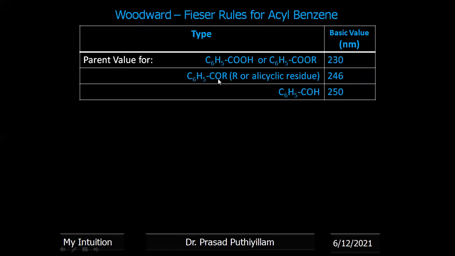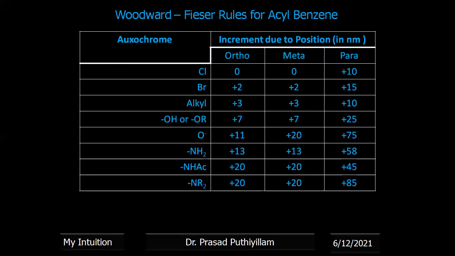So the acid or ester is 230, the ketone is 246, and the last one, the aldehyde, is 250. In addition to that come the increments. In the benzene ring we have the ortho, meta and para positions; I'll explain when we take the examples.